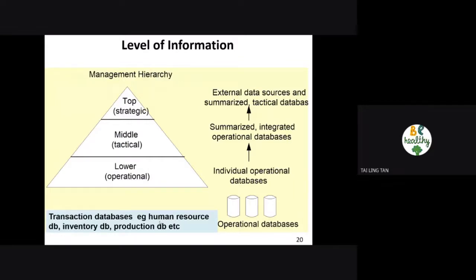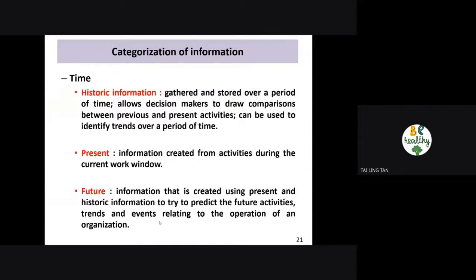Based on the different individual operational databases, they combine all this, and later they will continue to make the decision, try to summarize it, and get the info from this operational database. Then finally it goes to summarization for this part.